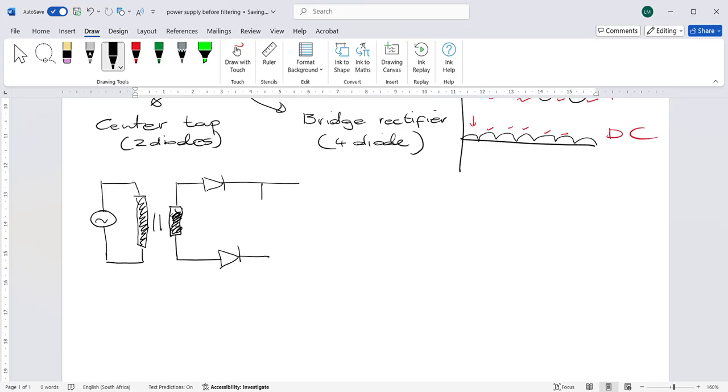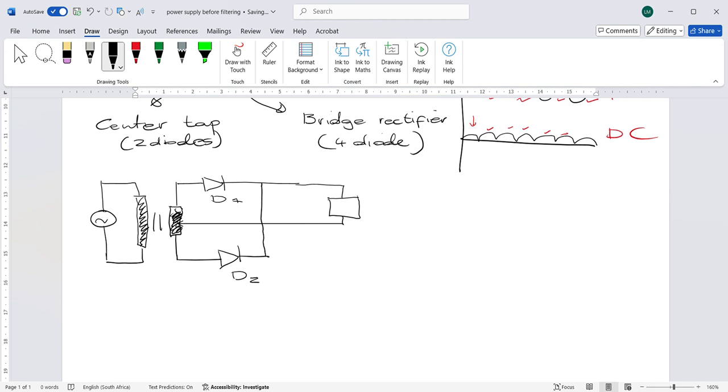Then you connect at the top, and then on the side you've got RL. RL is the final user of the current here. So it gets connected here all the way there. So here you've got D1 and you've got D2.